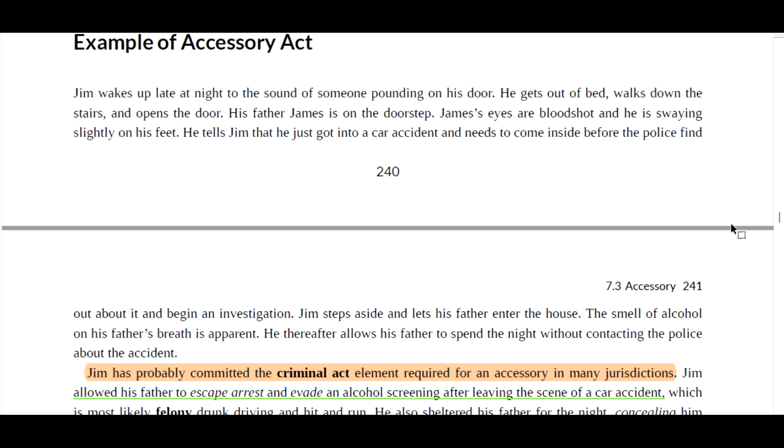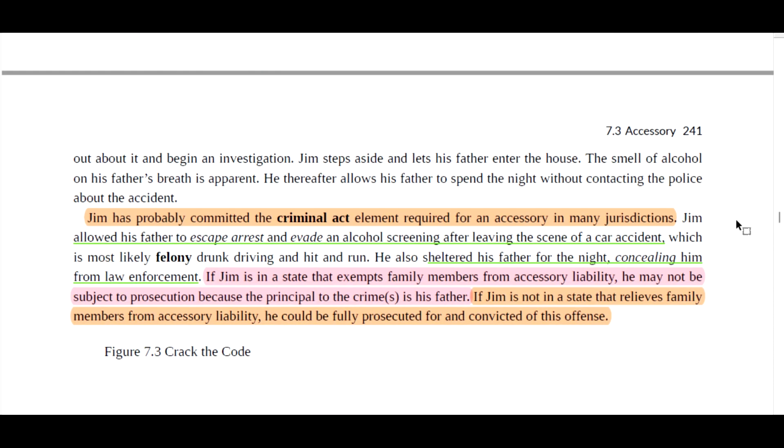Jim has probably committed the criminal act element required for an accessory in many jurisdictions, because he allowed his father to escape arrest and evade an alcohol screening after leaving the scene of a car accident, which is most likely felony drunk driving and hit and run. He also sheltered his father for the night, concealing him from law enforcement. If Jim is in a state that exempts family members from accessory liability, he may not be subject to prosecution because the principal of the crime is his father.